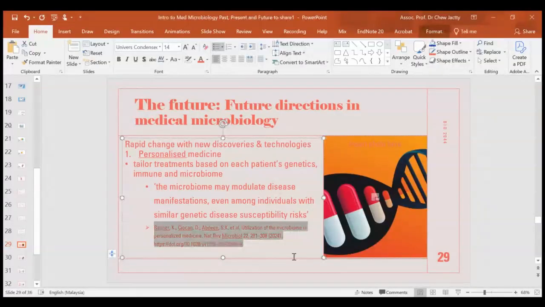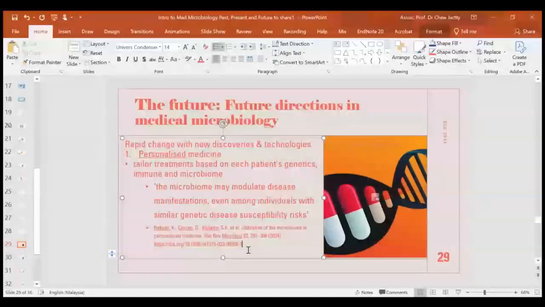You respond differently, even among individuals with similar genetic disease susceptibility risk. So that's why, in these articles that I posted, this is one of the things that I think is a future direction. The profiling of the microbiome in a person would also predict the outcome of specific treatments for specific infectious diseases. Okay, so that's my view of the future direction.